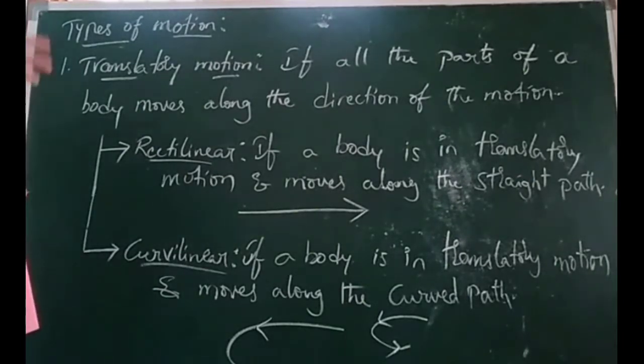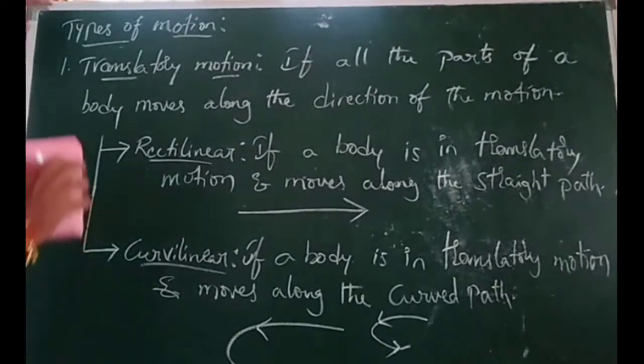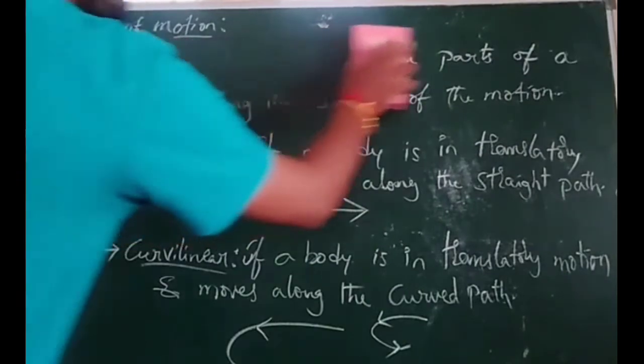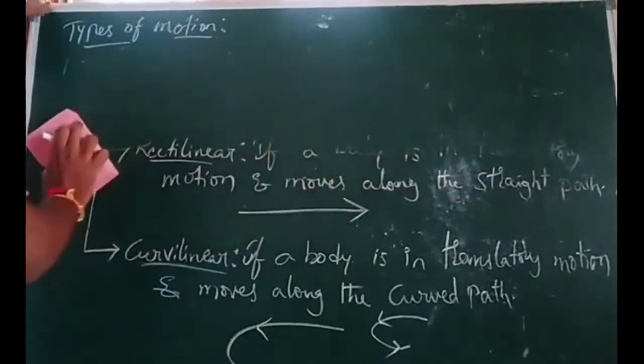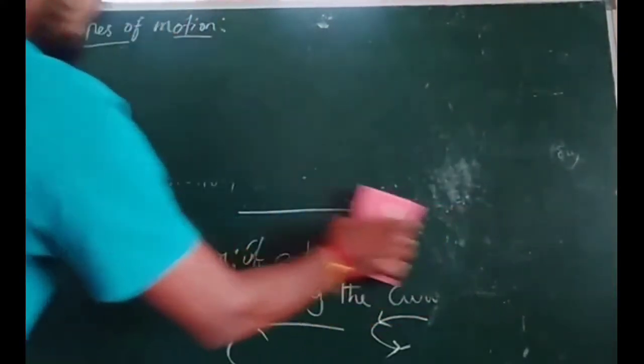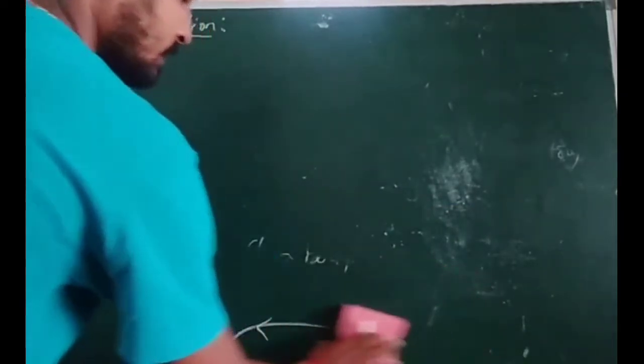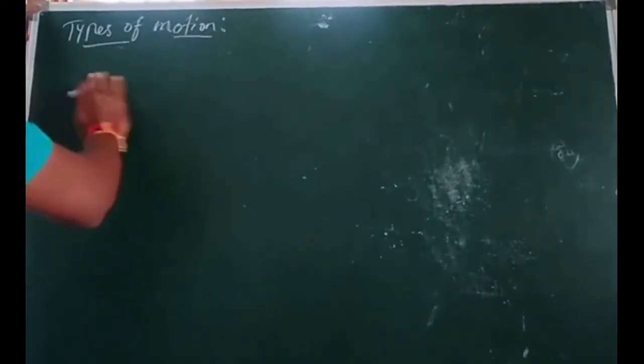We can give many examples for translatory motion. Soldiers marching in a parade come under translatory or rectilinear motion. A car moving on a straight road is translatory or rectilinear.